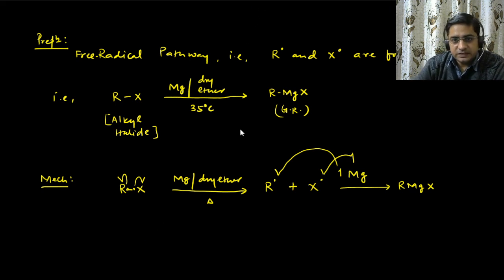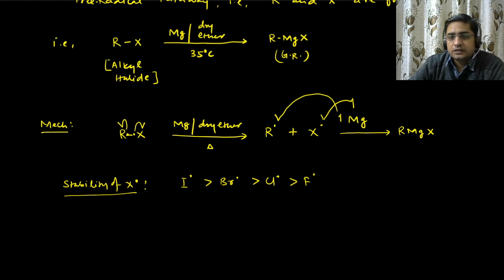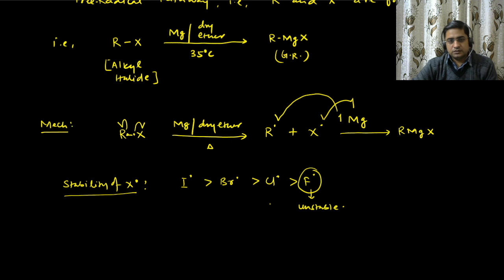Now considering the stability of X dot formed, it is Br dot, I dot, Cl dot and F dot. Here the stability of F dot, or the fluorine free radical, is very low due to its size.